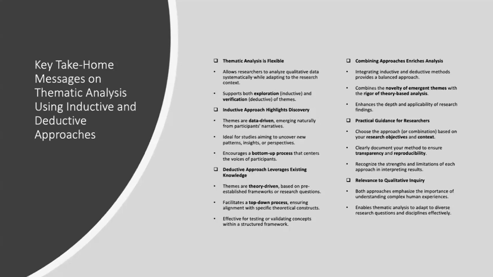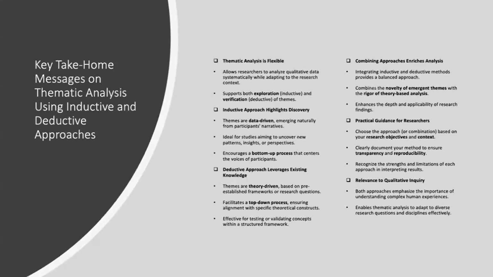So combining both approaches enriches your analysis. This is when you're not just relying on one approach. By integrating inductive and deductive methods, you will have a balanced approach. Combining them will see you being able to create novelty of emergent themes with rigor of theory-based analysis.